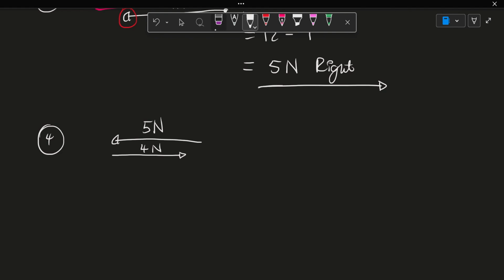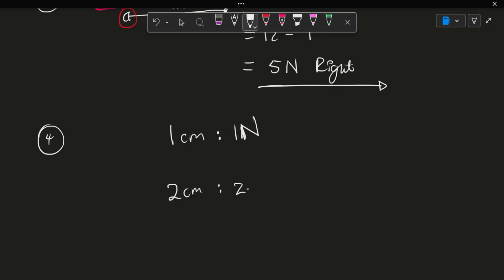And by the way, you'd notice how I'm just drawing these vectors by hand. I would prefer that in an exam you use a ruler, right? So with your ruler, you could have this type of scale. You could say, for example, 1 centimeter is equal to 1 Newton, meaning 2 centimeters on your ruler would basically be 2 Newtons.